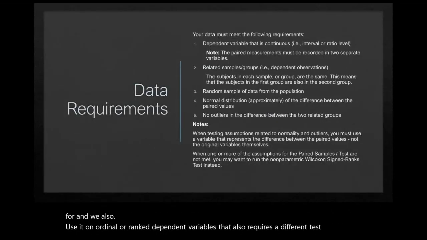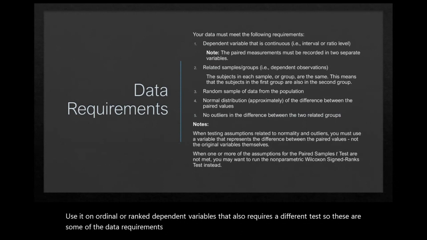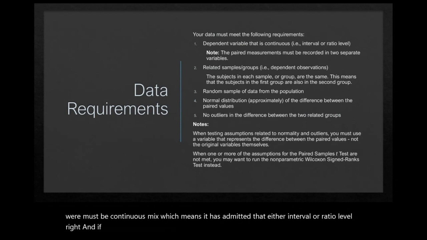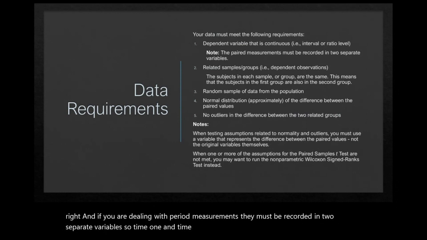So these are some of the data requirements for the paired sample t-test. Number one, your dependent variable must be continuous, which means it has to be measured at either the interval or the ratio level, right? And if you are dealing with paired measurements, they must be recorded in two separate variables. So time 1 and time 2 have to be two separate variables, or variable x and variable y have to be two separate variables.